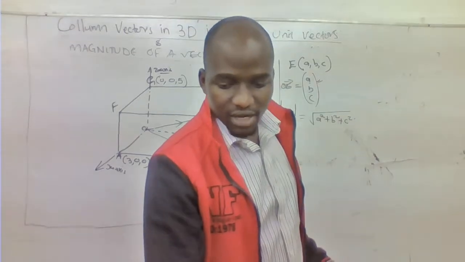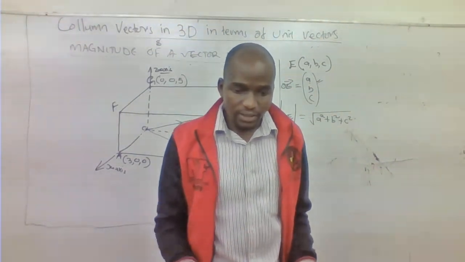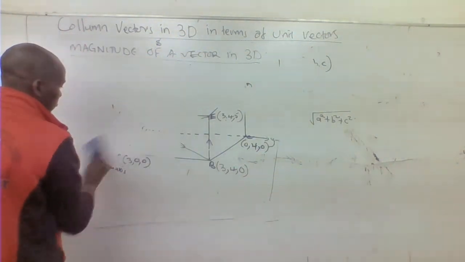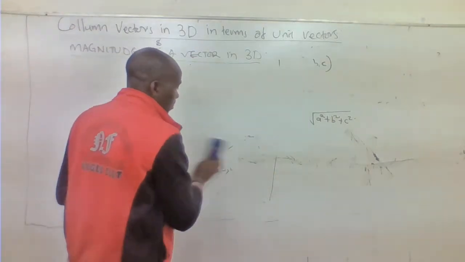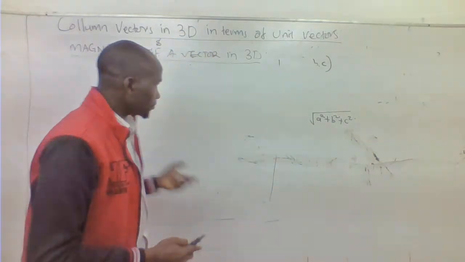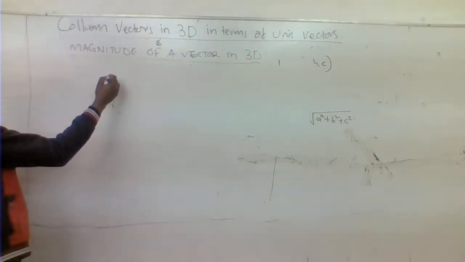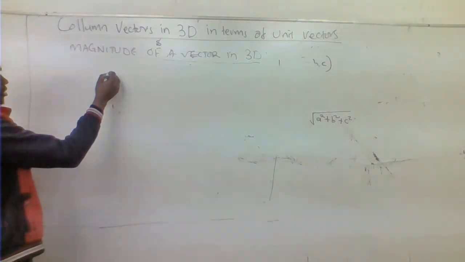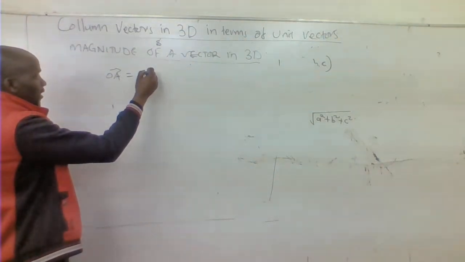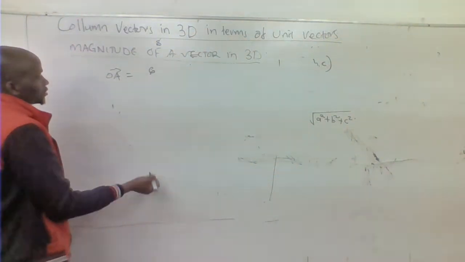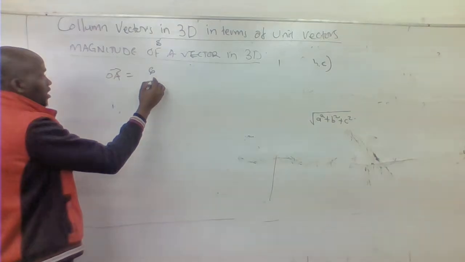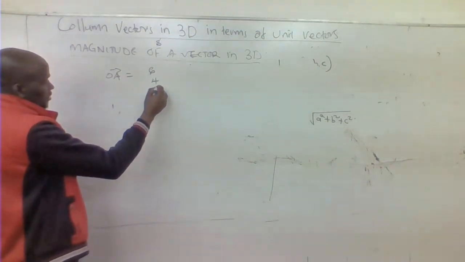Now suppose we have been given a question like this. Find the modulus of a vector, let's say OA, which is equal to, let's take this one as 6, then we have 4, then we have, let's say, 5.